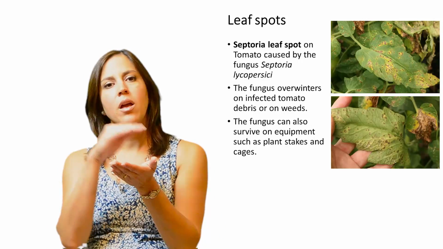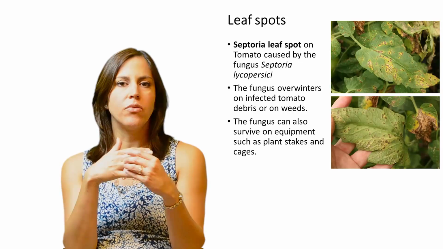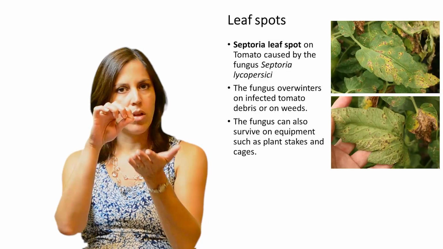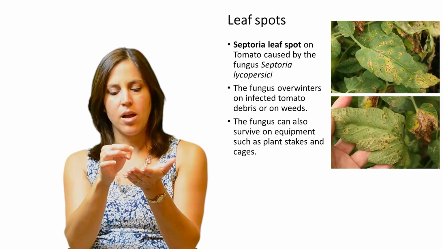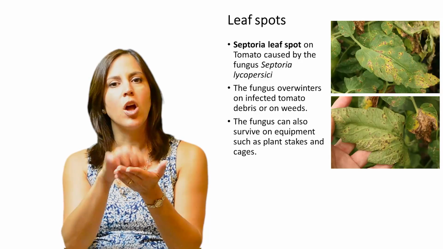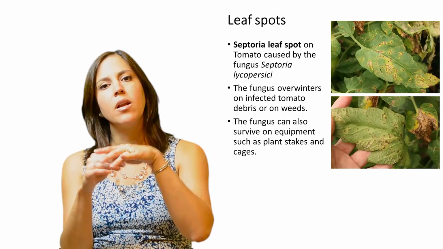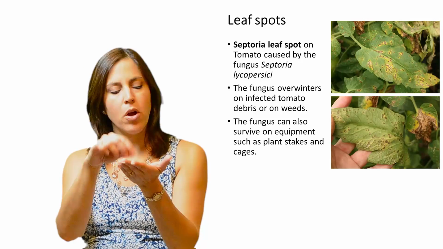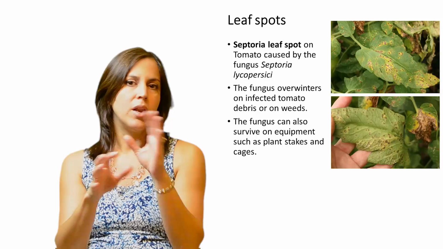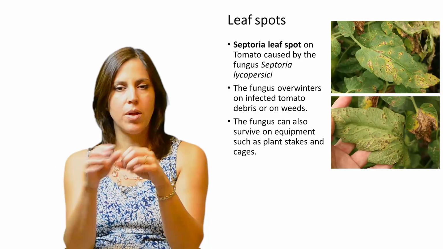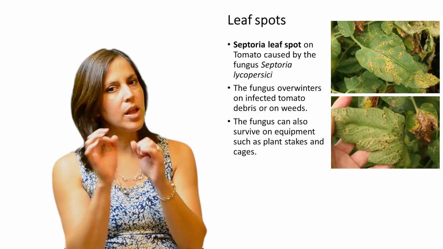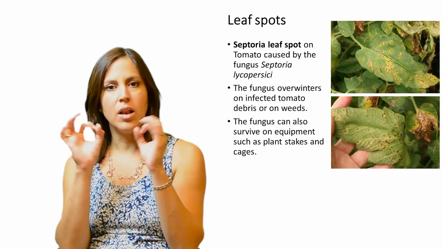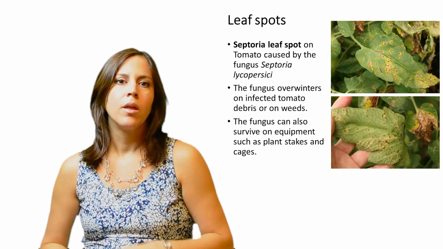This fungus infects the surface of the leaf and causes very localized lesions on top of the leaf. And whenever you turn the leaf around, you can also see the necrotic spots on the bottom of the leaf. But it's basically very distinct lesions that it causes.